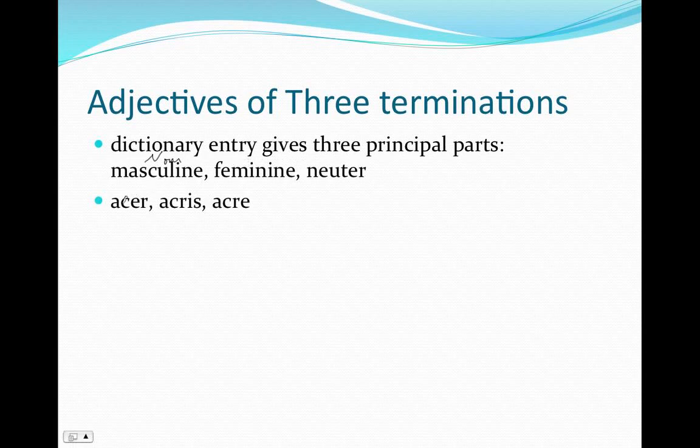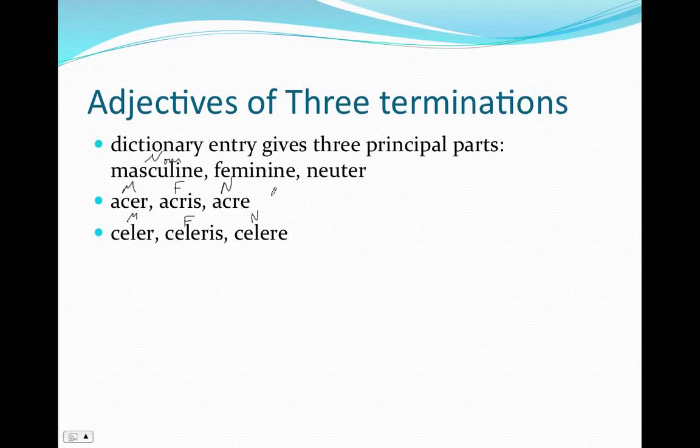For example, we get acer, acris, acre, fierce or sharp. Three terminations because there are three different nominatives: masculine, feminine, and neuter. Or we get celer, celeris, celere, masculine, feminine, and neuter.